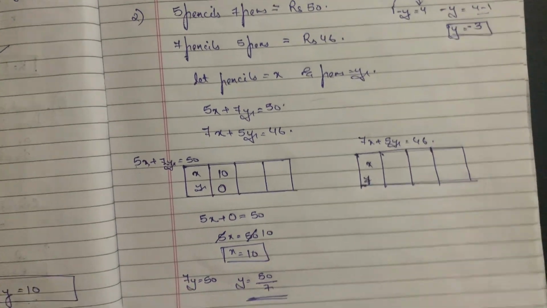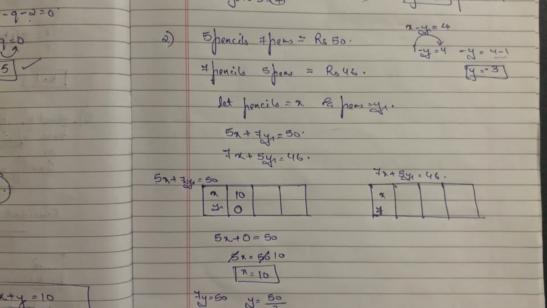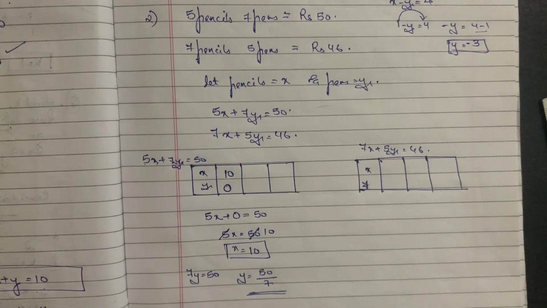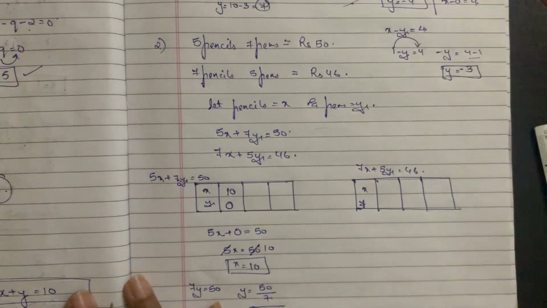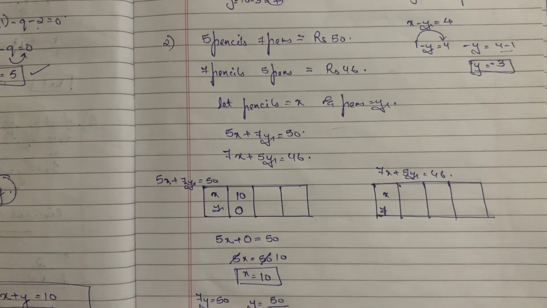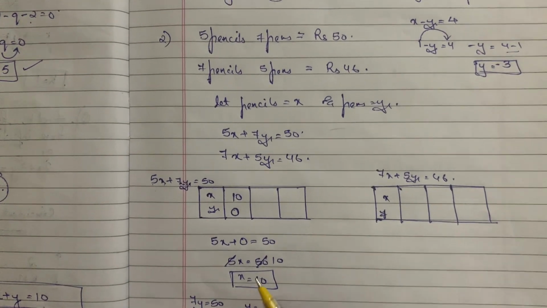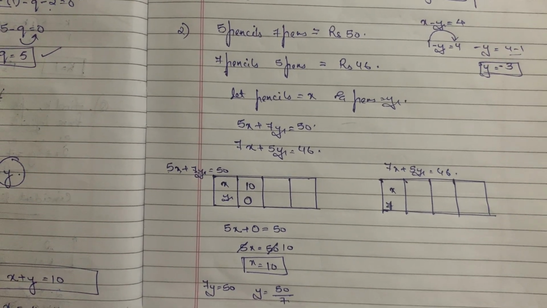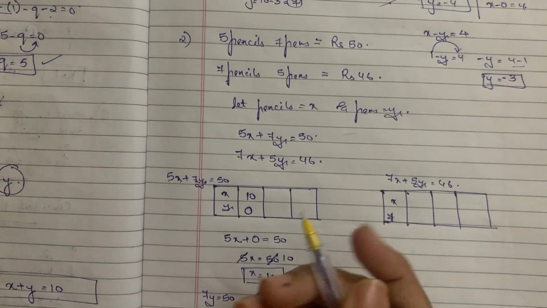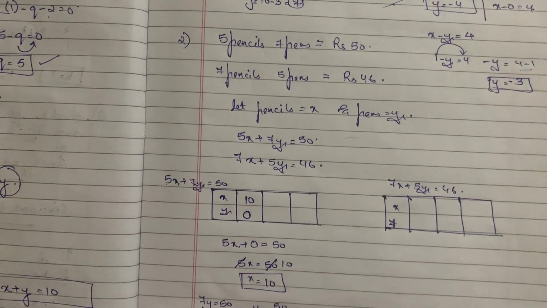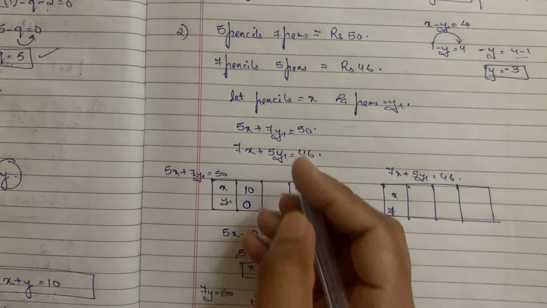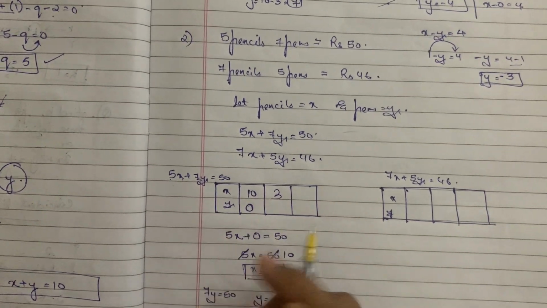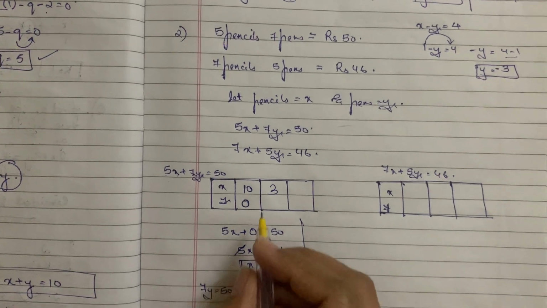The values can be very simple, numbers like 1, 2, 3, 4, 5. Let's go with 3 and see. Let x is equal to 3. Let's simplify it.